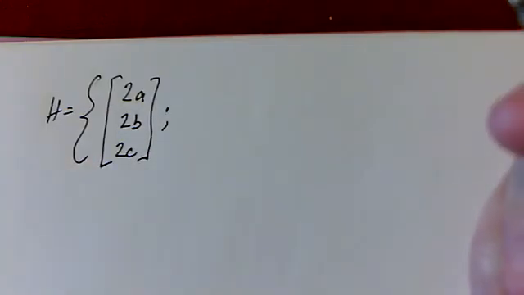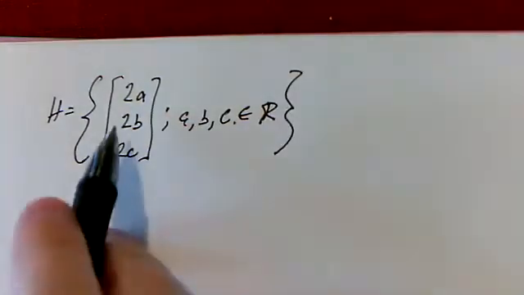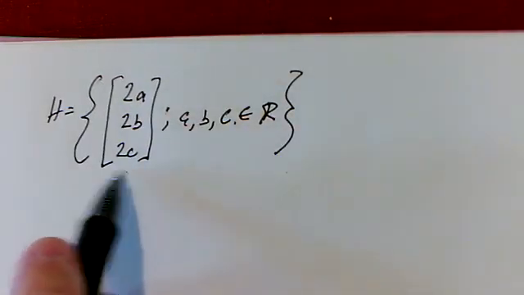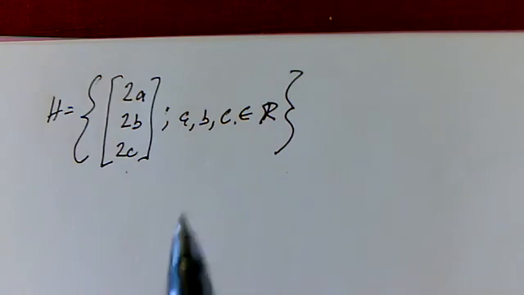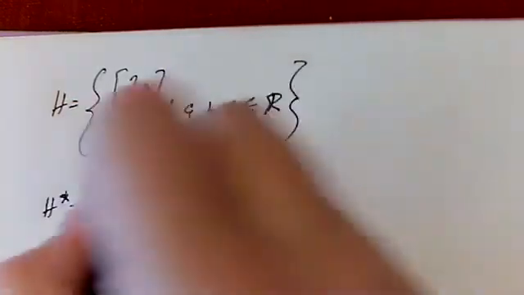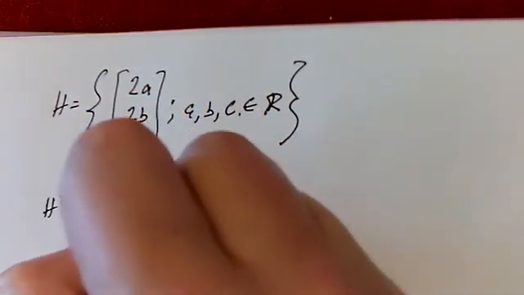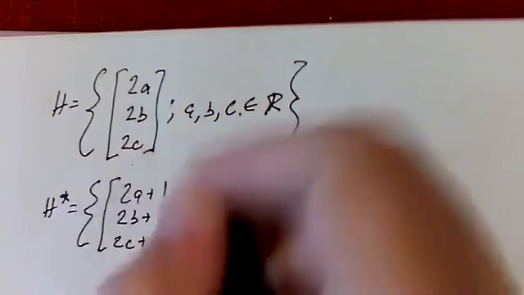Those are even numbers where A, B, and C are elements of the reals. These are all even numbers. If I add even numbers, I get more even numbers. But I could have a different H, let's call it H star, where now these are odd numbers, 2A plus 1, 2B plus 1, 2C plus 1.